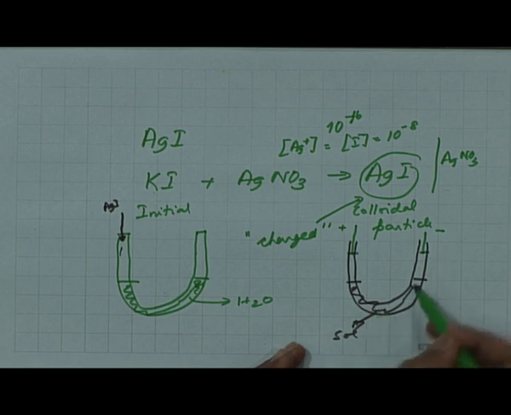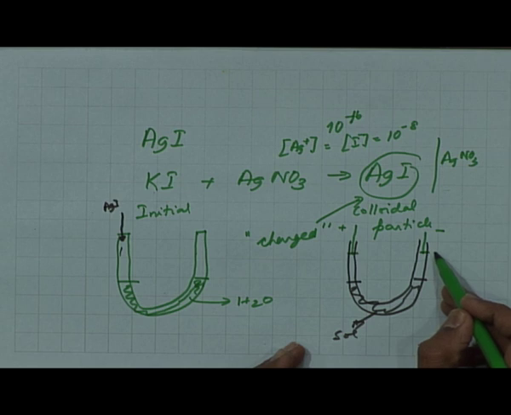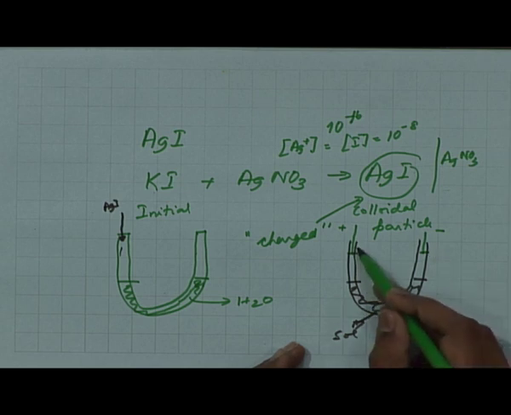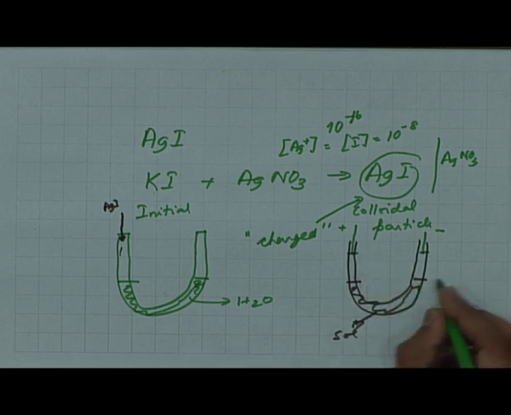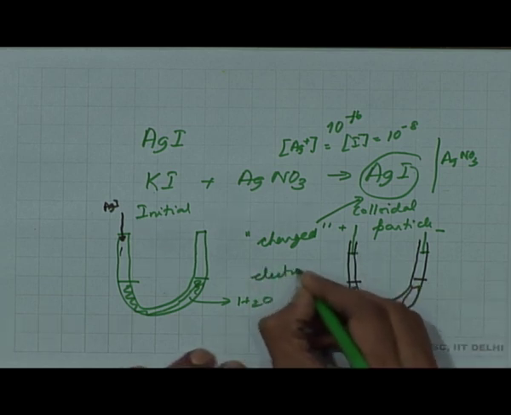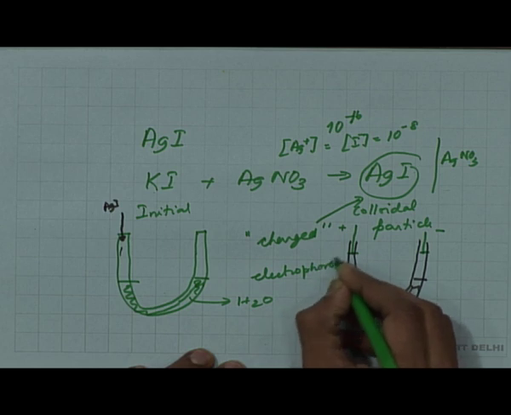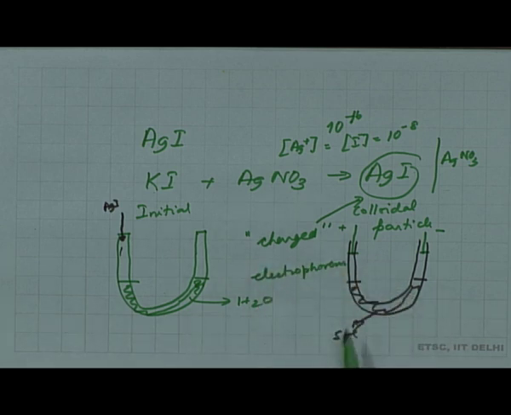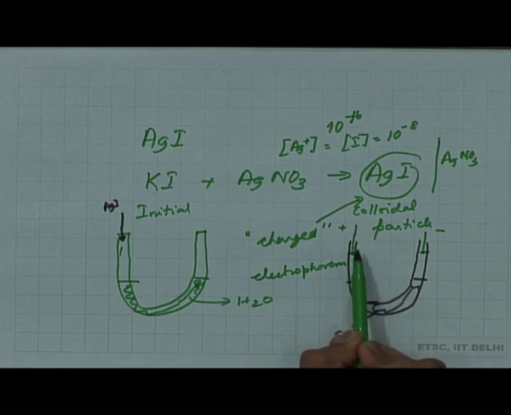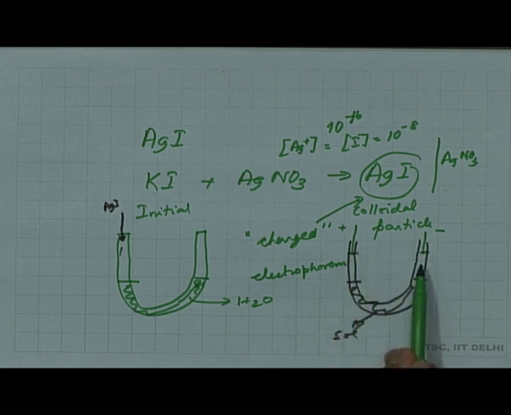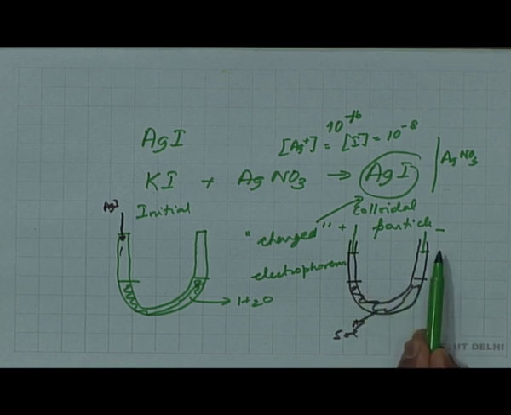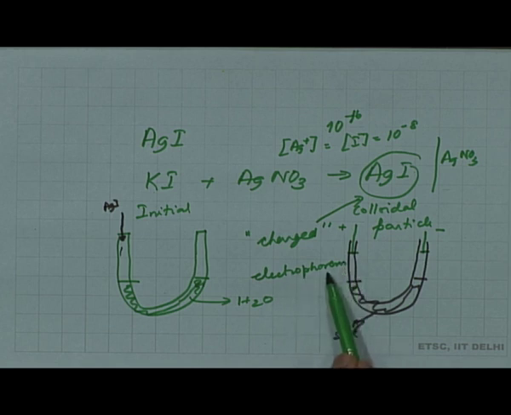If it is positive, it would move to the negative electrode, and if it is negative, it will move to the positive electrode. This is what is called electrophoresis. You have electrophoresis based on the charge of the sol, and there is a use for this.